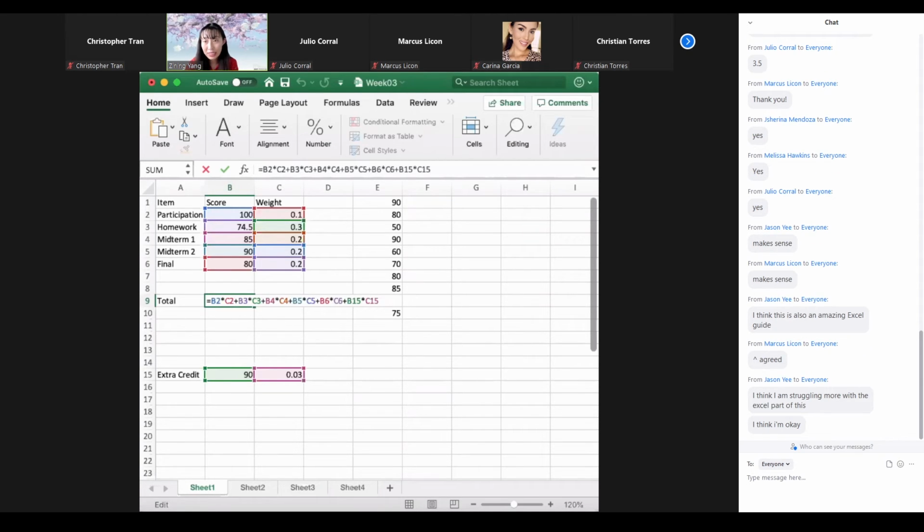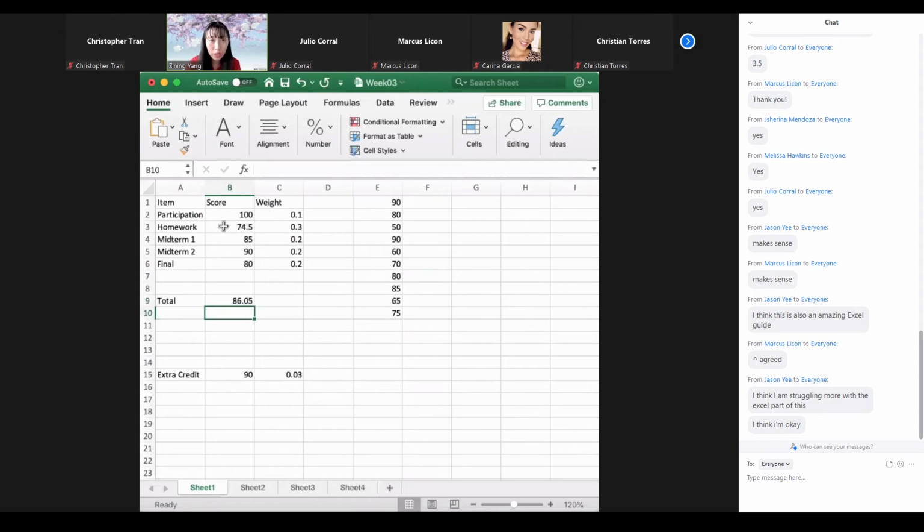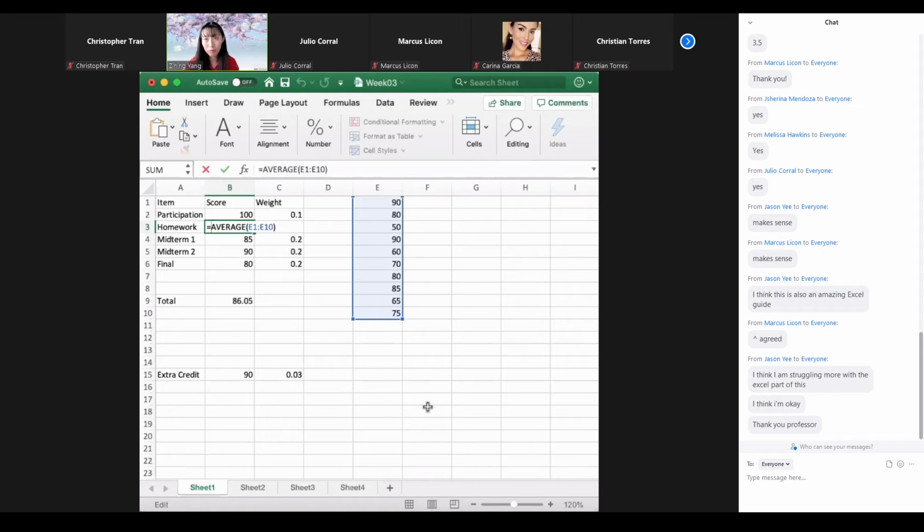You good? Okay. Yeah, let me show you again how homework average is calculated. We have 10 homework assignments, which means you will get 10 numbers. After you have 10 numbers, you will need to type in Excel equals average and then parentheses.